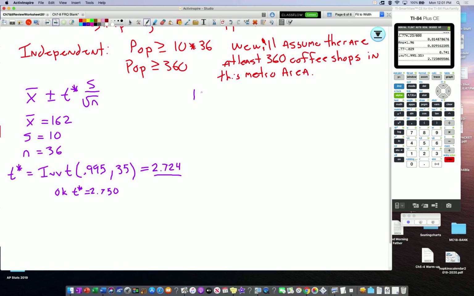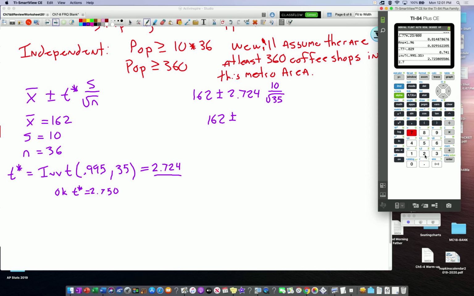So my mean, 162, plus or minus 2.724 times the standard deviation, 10, divided by the square root of 36.